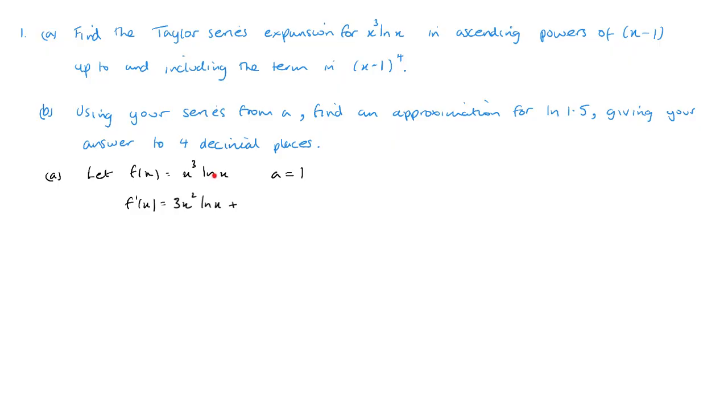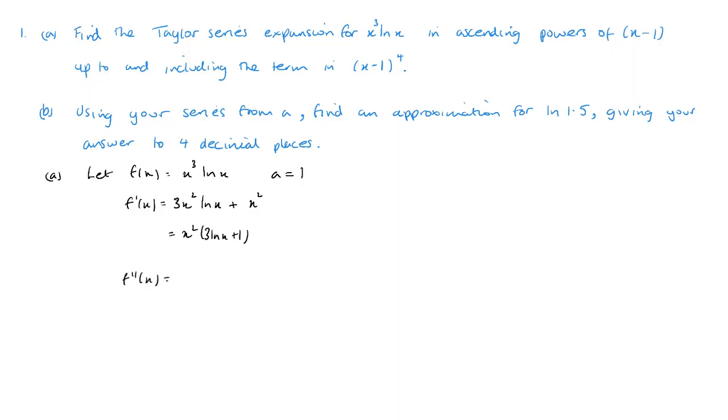So x cubed times 1 over x is x squared. Take x squared outside: 3 ln x plus 1. Right, that's that one done.